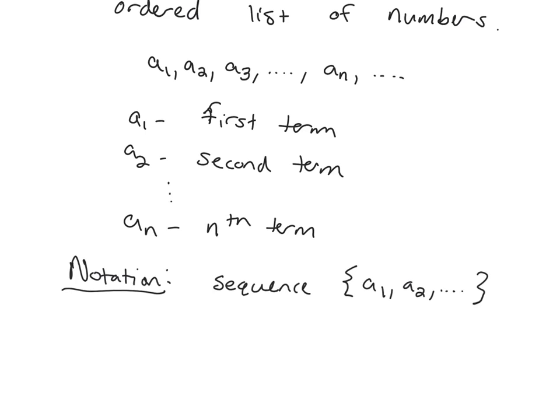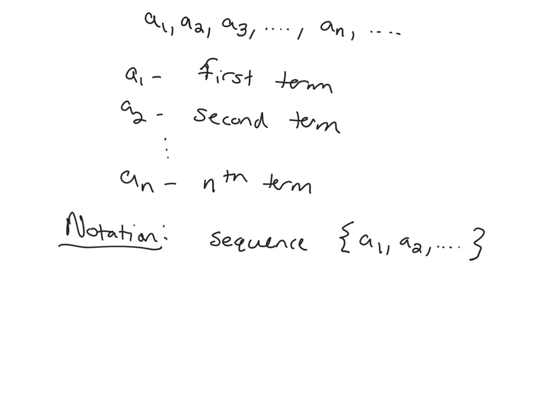But there are a couple other ways. Sometimes if your sequence has a pattern to it, you might see it like this, or you could also see it like AN and then n equals 1 to infinity. They tell you the starting and ending. This is an infinite sequence that starts at A1, okay?